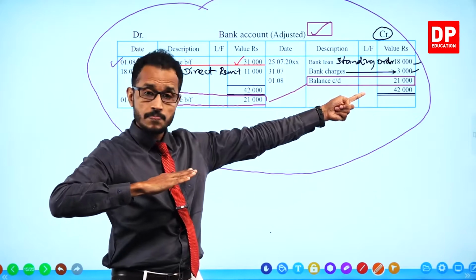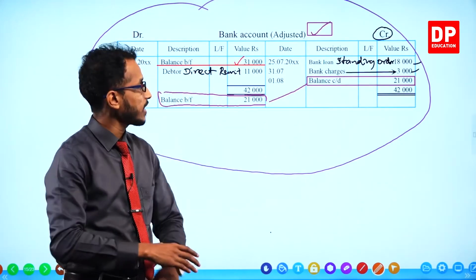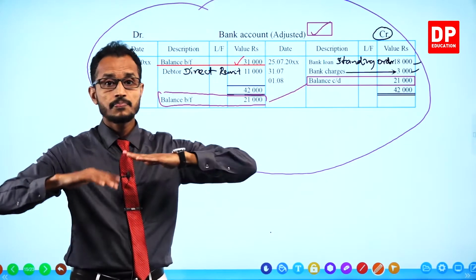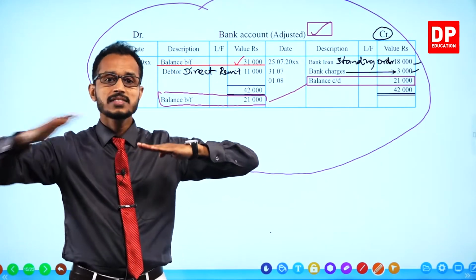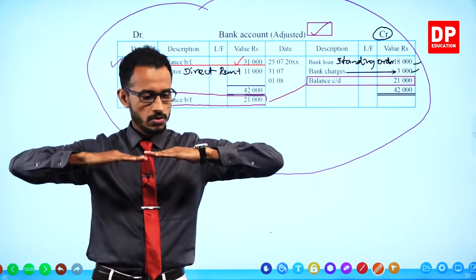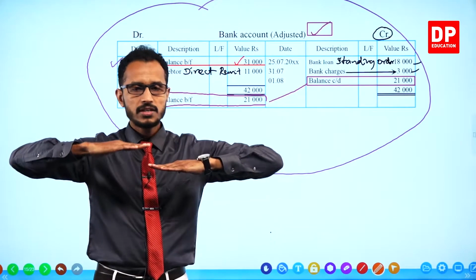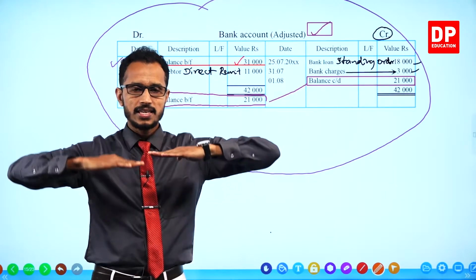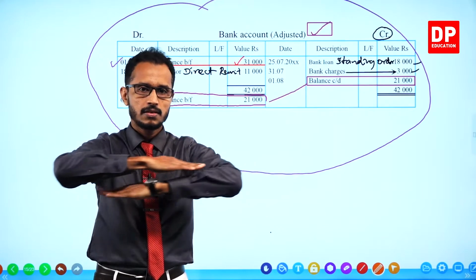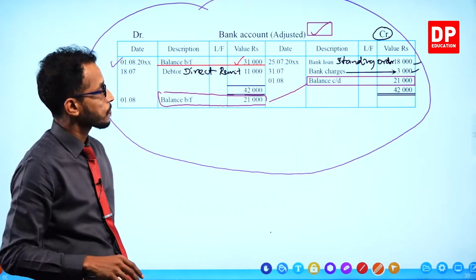This balance, which is the updated bank book balance, we need to reconcile with the bank statement balance. Okay, if they are different, we need to make them tally. That is reconciling. That is reconciliation.